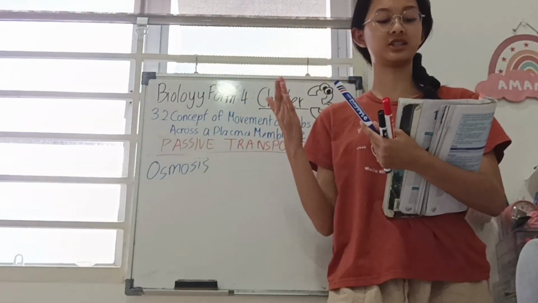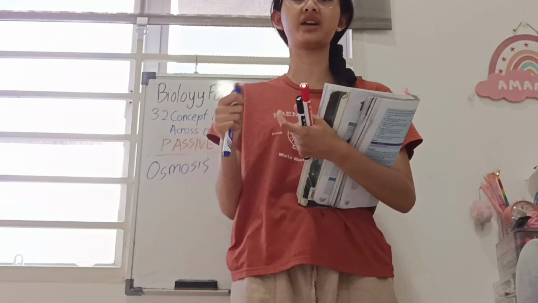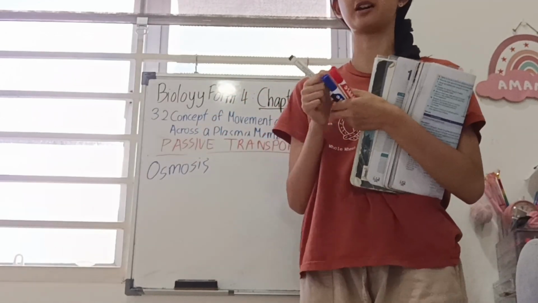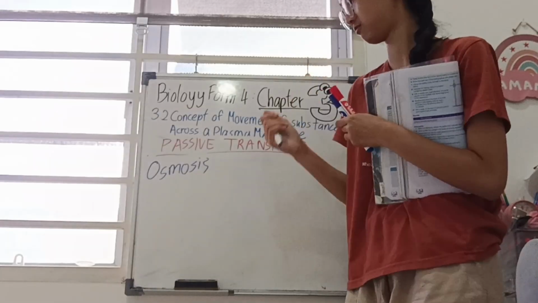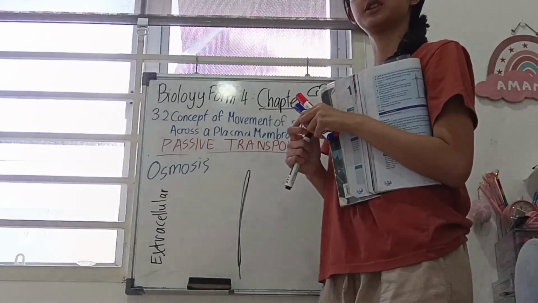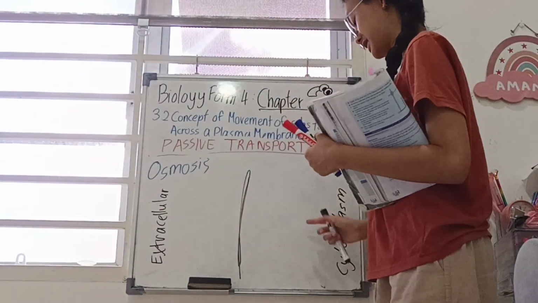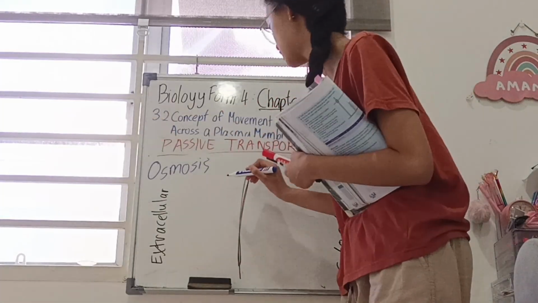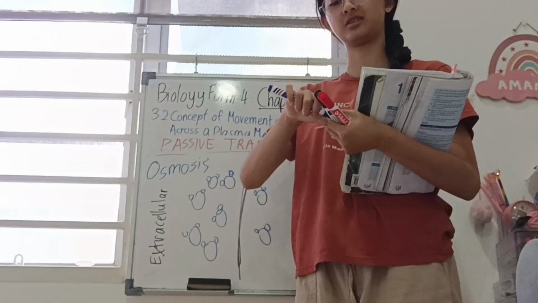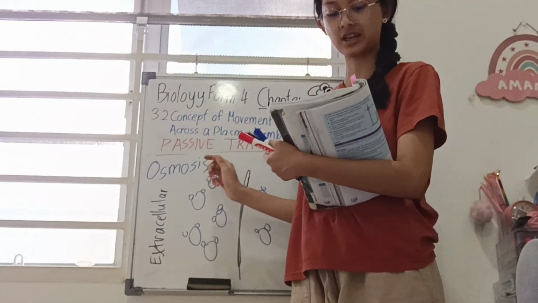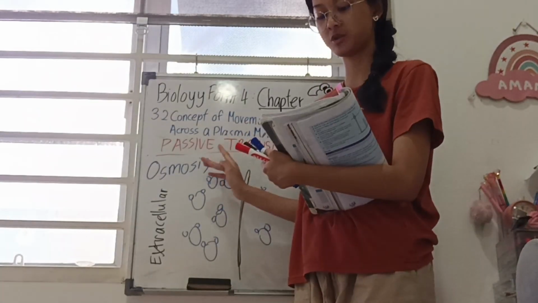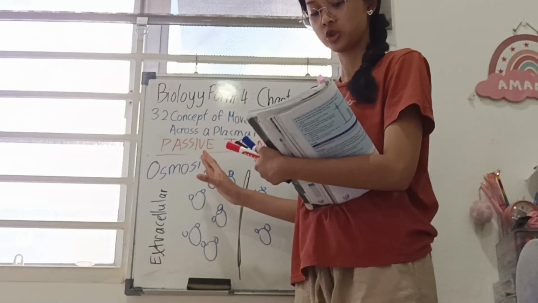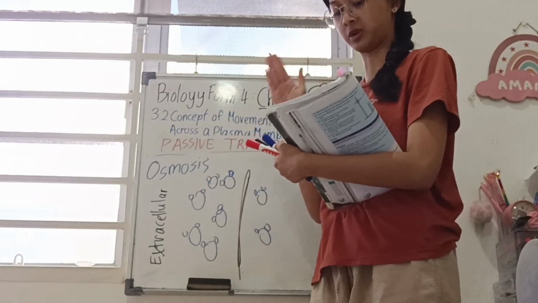Osmosis is literally the same thing as simple diffusion, but it uses water. So let me draw the little diagram again. This is outside of the cell and this is inside of the cell. I'm going to draw the water molecules. This is water. Osmosis is the net movement of water molecules from an area of high water potential to an area of low water potential.